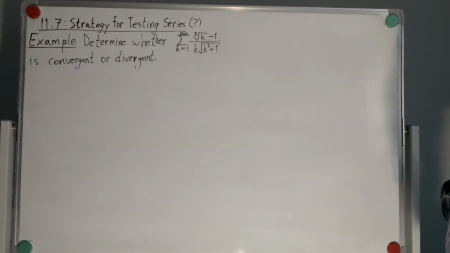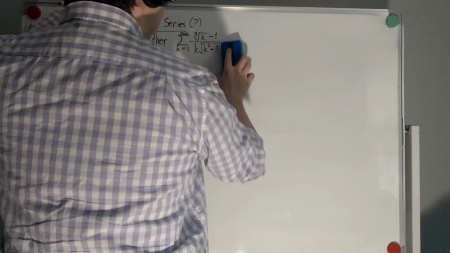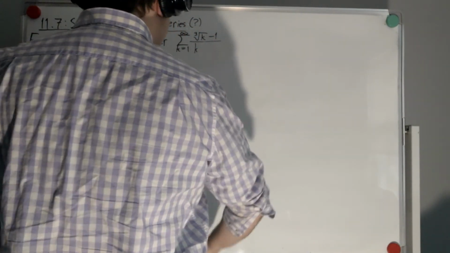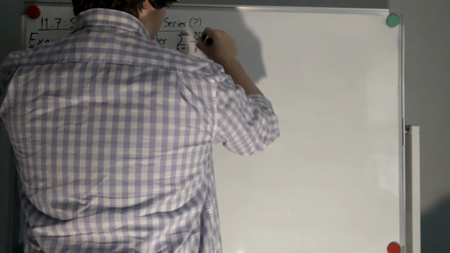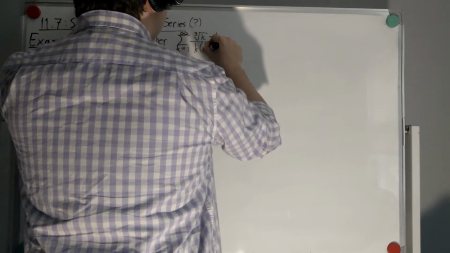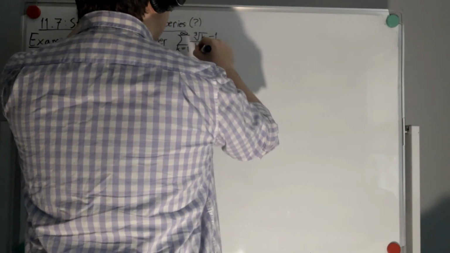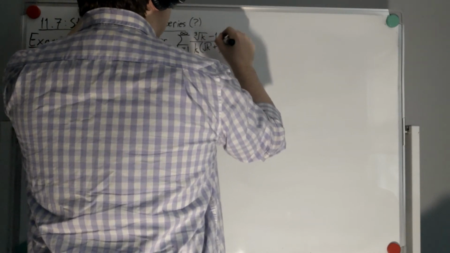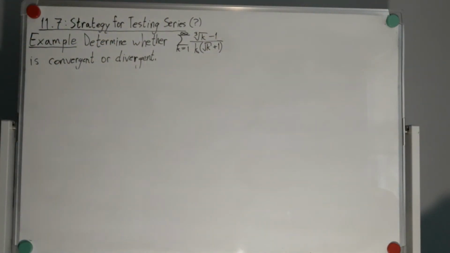Did I get that right? I might not have gotten that right. I did not. In fact, this should be the square root of k plus 1, in parentheses, actually. So we should have square root of k plus 1. All right, that's more like it.